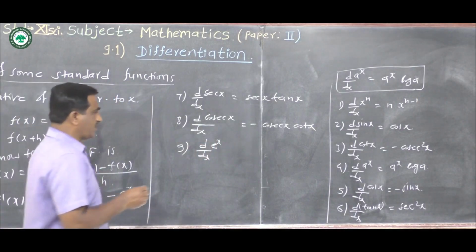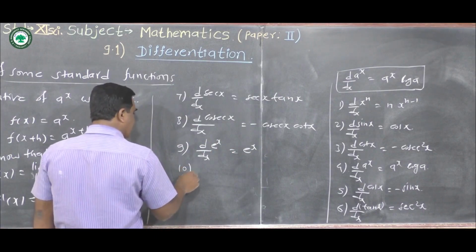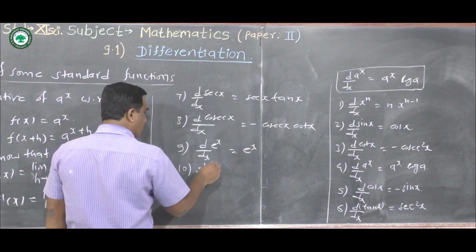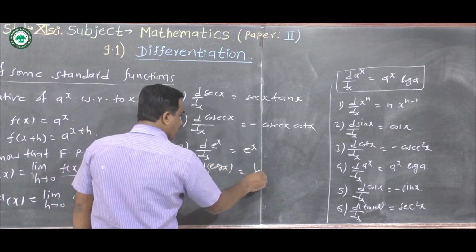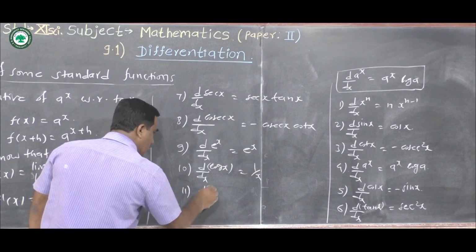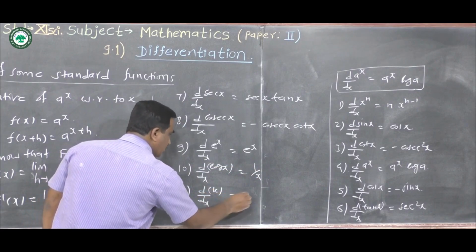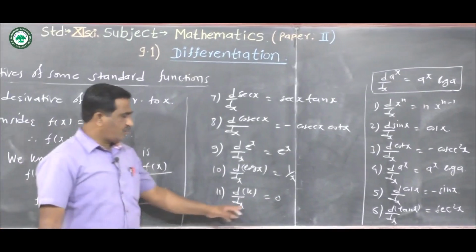Derivative of e raised to x is equal to e raised to x. Number 10, logarithmic function, derivative of log x is equal to 1 upon x, and last is dy dx of k, where k is a constant term, is equal to 0. Derivative of any constant term is 0.